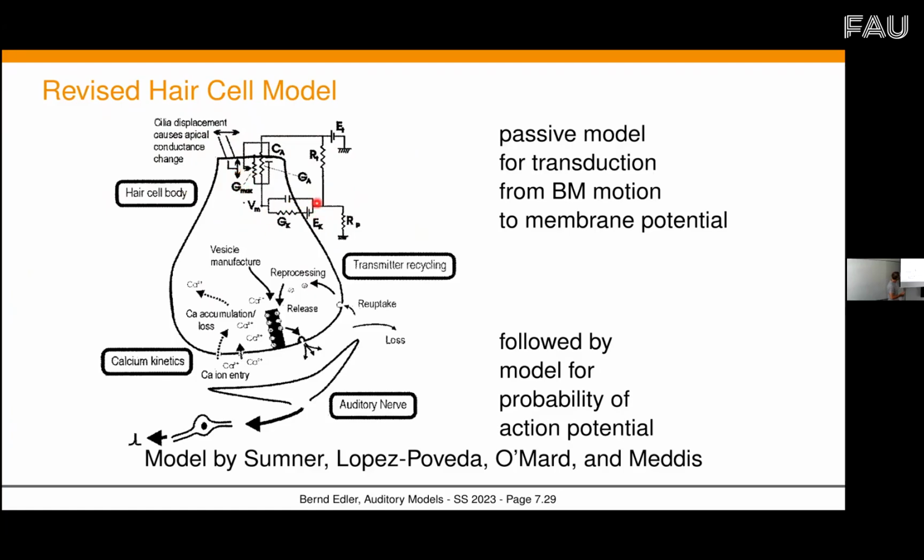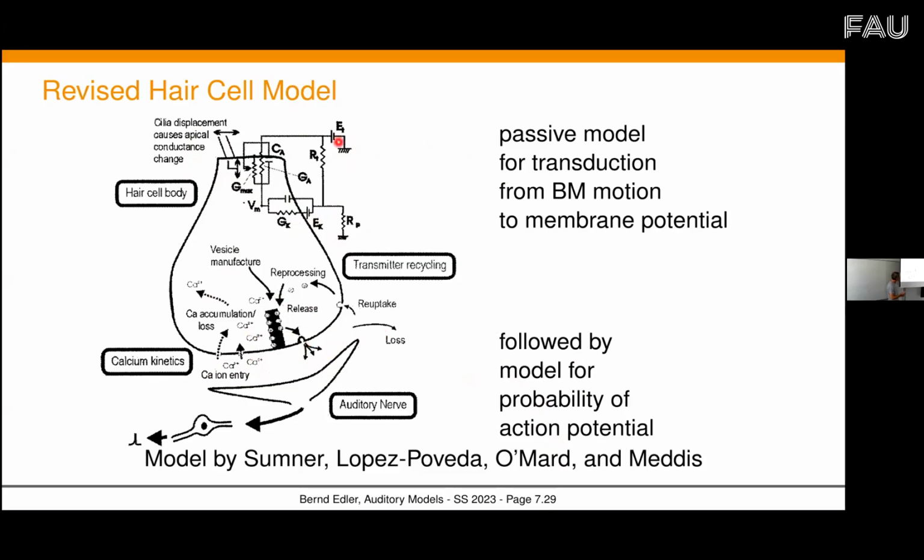Then we have some time constant for ions going through the membrane and some generator, and so this would be again similar to what we saw before for the dynamics. And then there is more or less just a model for the probability of action potential at the second part.